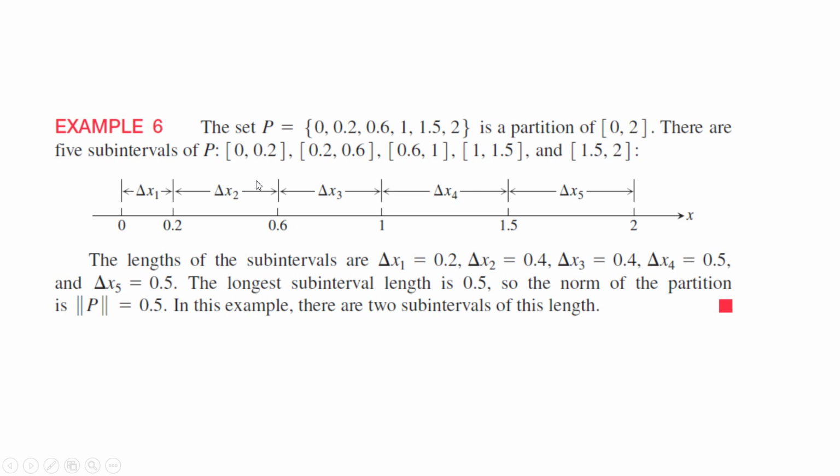The width of this interval is 0.2, and similarly this is 0.4, and this width is again 0.4, so the lengths of the subintervals vary. So delta x1 is 0.2, delta x2 is 0.4, delta x3 is 0.4, delta x4 is 0.5. So the largest one is 0.5. So the norm of this partition is 0.5. Okay, so this is how we can find the norm of a partition.